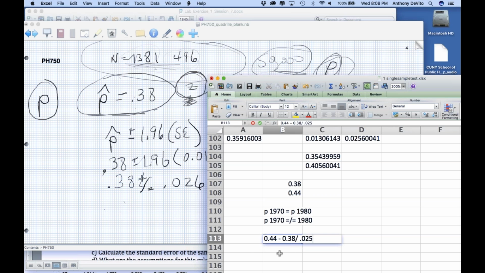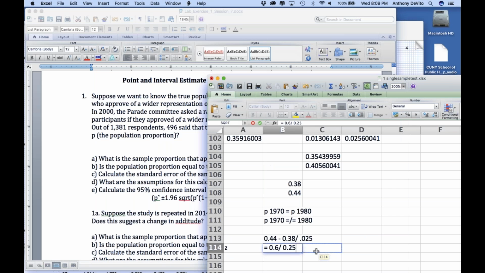Let's see what the z-score is there. The z-score, not t-score, but z-score, since it's a very large sample and it's a proportion, is equal to 0.06 divided by 0.025. So what's our z-score there? Okay, so our z-score is equal to 2.4.